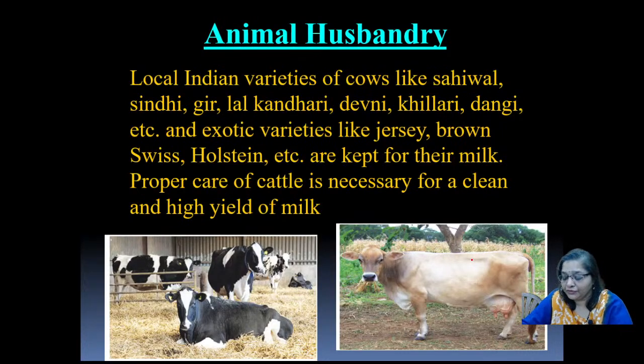So you all have heard about the White Revolution, of course, wherein production of milk was the basic aim, the goal of the White Revolution, which started in India by Verghese Kurien, and Amul was that big organization that turned the table of production of milk.